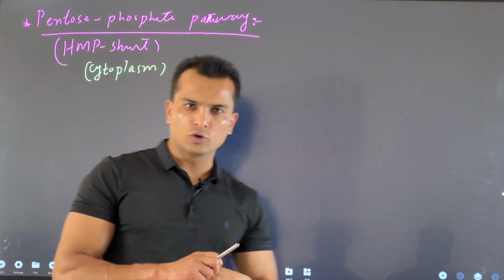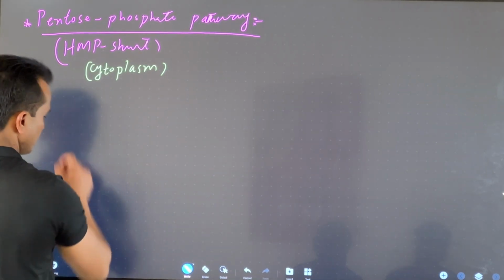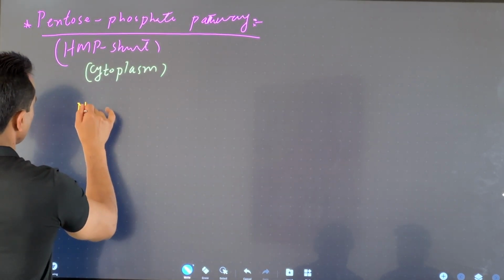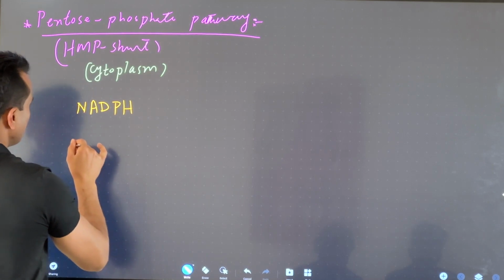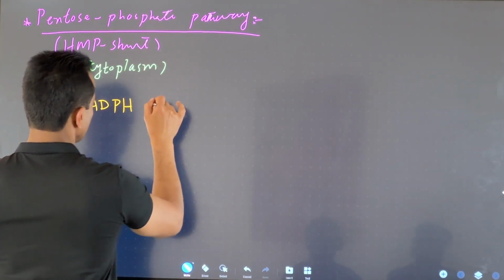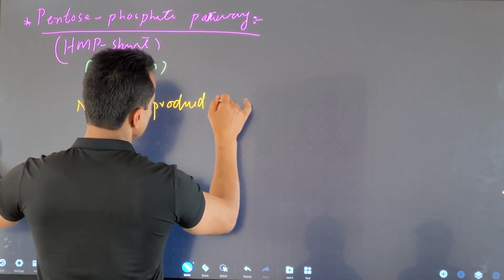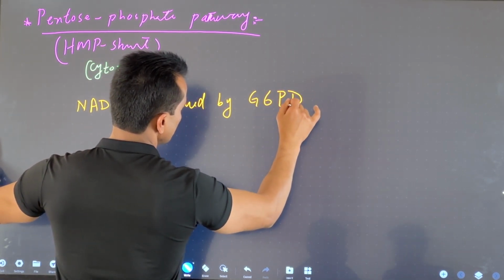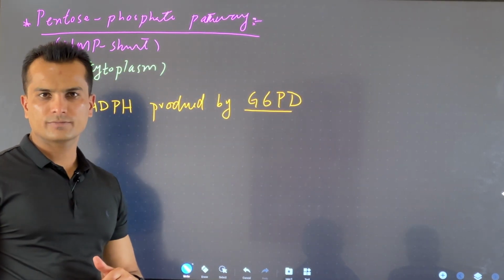This pentose phosphate pathway, or HMP shunt, is basically required for the production of NADPH. NADPH is produced from glucose 6-phosphate, and the enzyme is glucose 6-phosphate dehydrogenase.